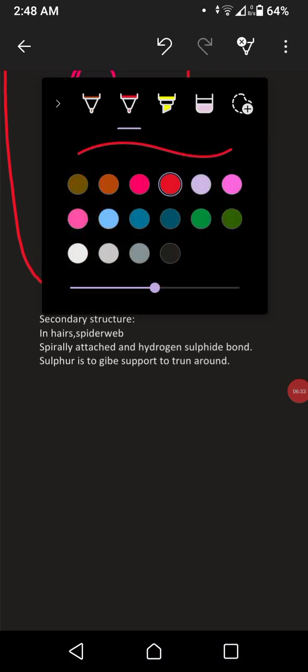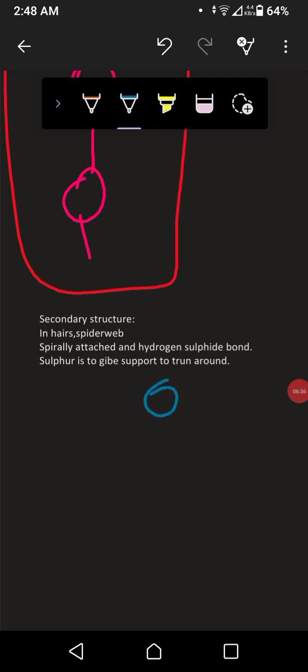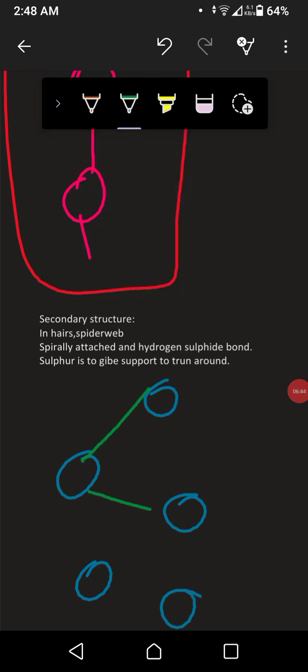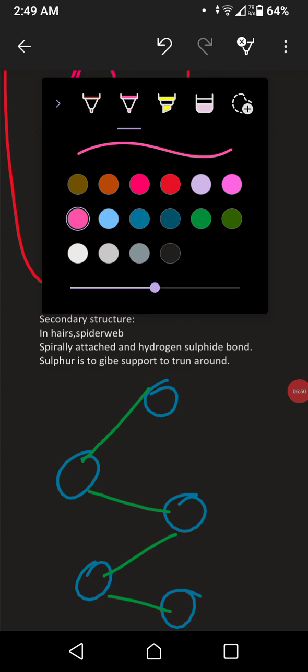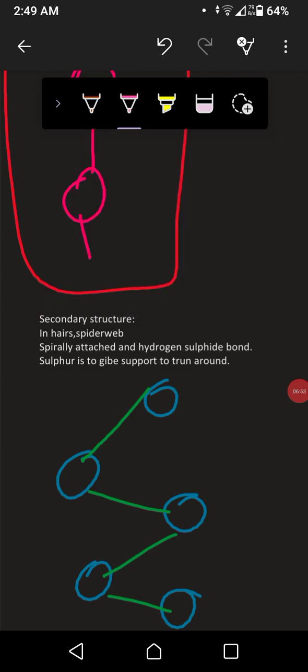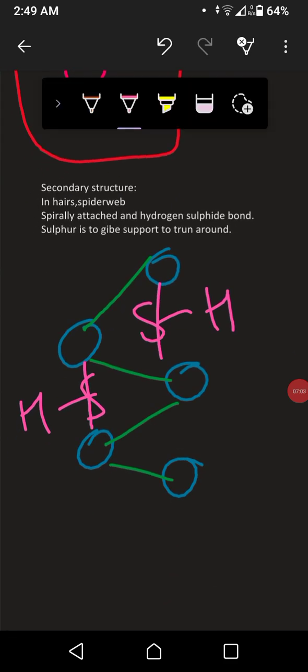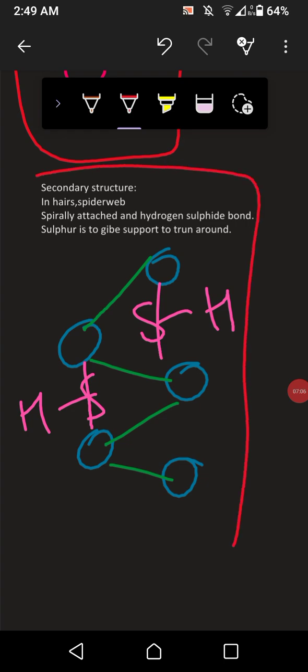Let me draw the structure. The hydrogen sulfide bond is present between here. So this one is the secondary structure of the protein.